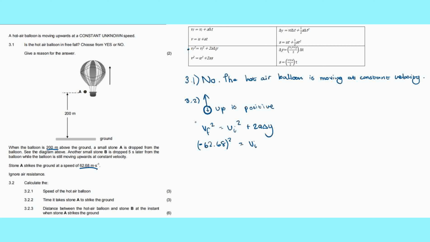This is going to give us our initial velocity. Our gravity is always acting downward, and because A is in free fall, the acceleration is due to gravity, and this acceleration will be negative 9.8 meters per second squared. And our change in displacement is the 200 meters.